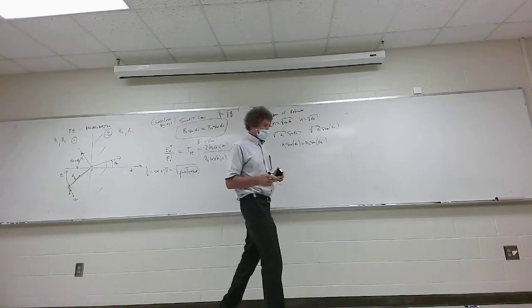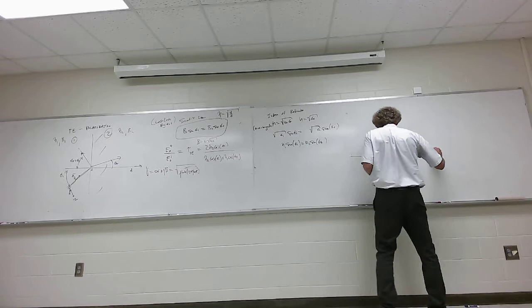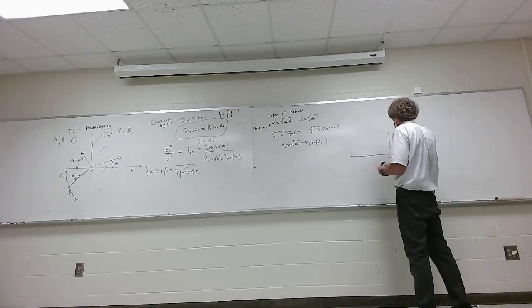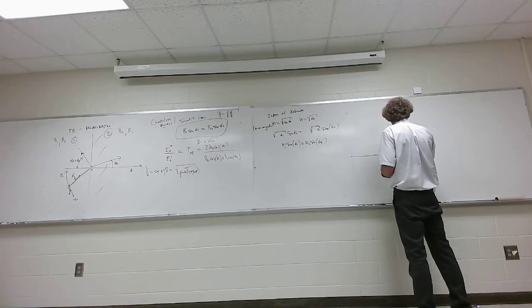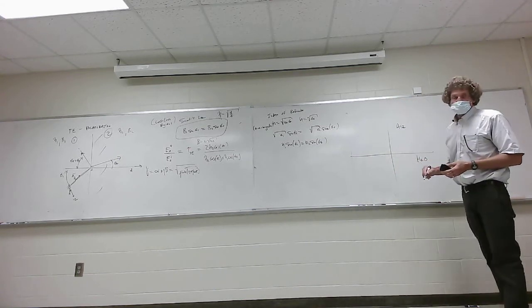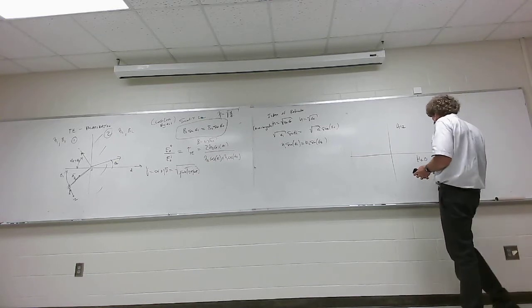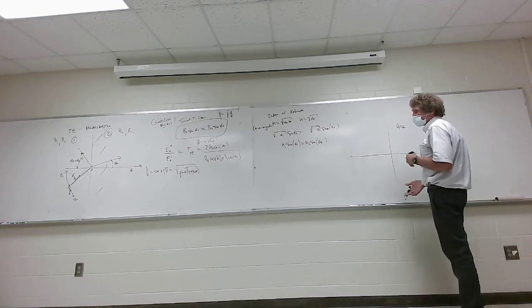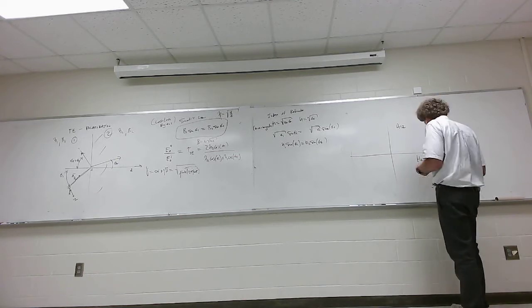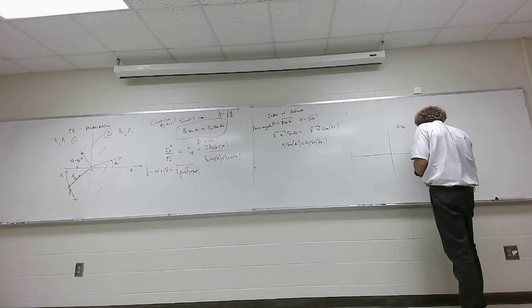Now, this kind of makes it a little more applicable to your life. If this is air and this is water, distilled water, fresh water, in fresh water epsilon relative for 10 gigahertz up through, I don't know how many gigahertz, even into the low optical range, is about 81.